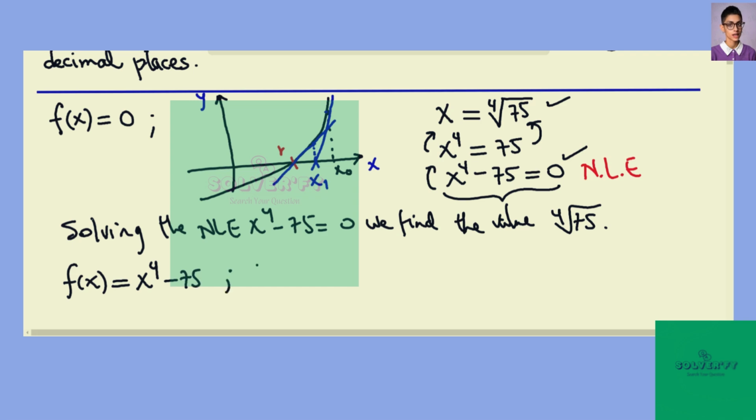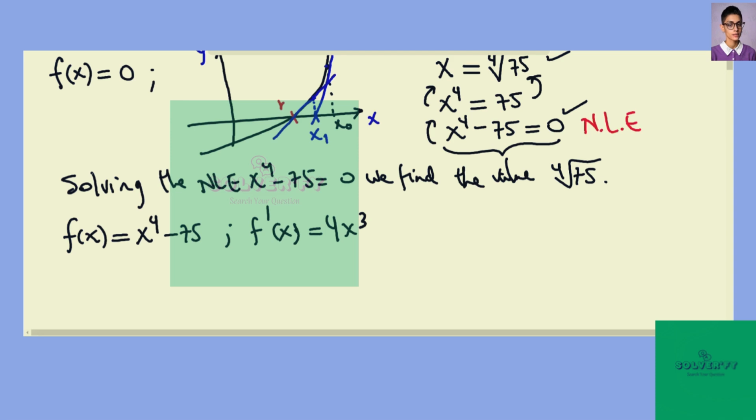Its derivative is 4x cubed, and the derivative is needed because of this idea I have explained here, when we made the calculations of the tangent line at the root, or the point of intersection of the tangent line with the x-axis, we get something like this.